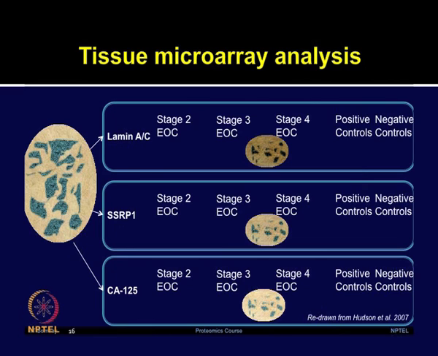So, these results are shown in this slide, which is redrawn from the results presented in the manuscript. The lamin AC is shown in the top panel, SSRP1 in the middle panel and CA125 in the bottom panel.